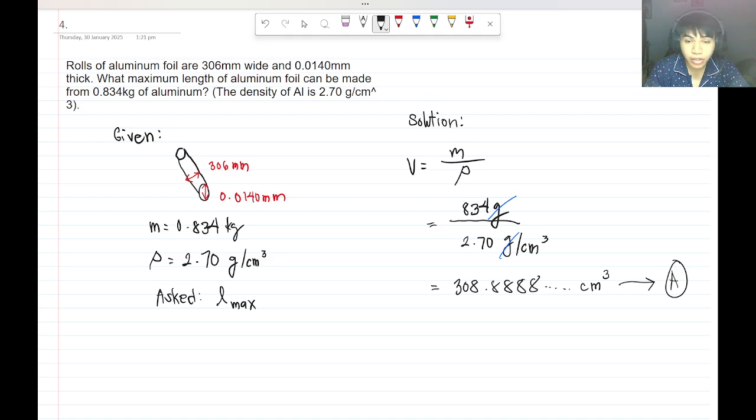So let's compute for the area. The area is this. Let's just divide this by 10. Times 0.014 times 10. This will be in cm now.